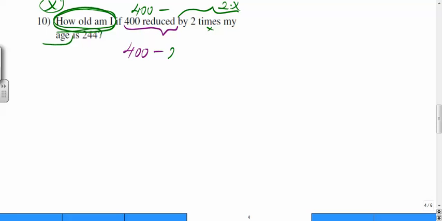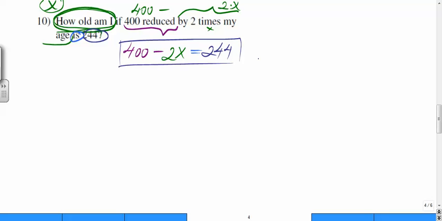So 400 minus 2X is, what we said in algebra would be substituted by equal, is 244. Thank you very much. And this is your equation. If you solve this equation, you will be able to find how old I am.